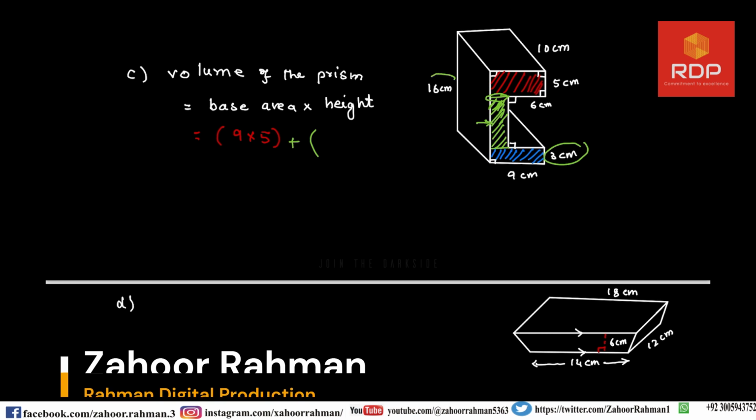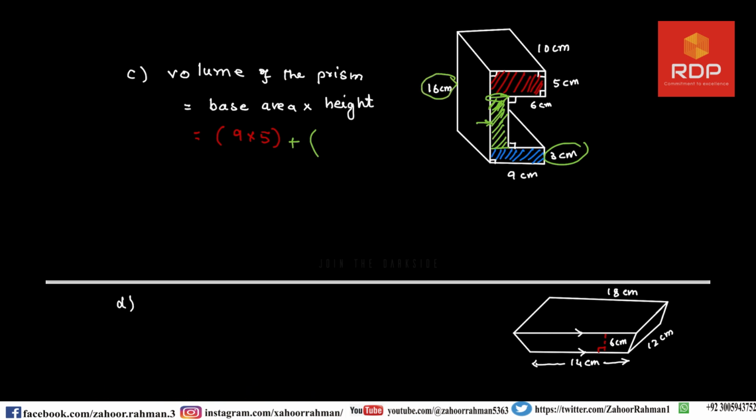Now, the total is 16, this is 3 and this is 5. So this area will be 16 minus 5 minus 3, and that will be equal to 8.